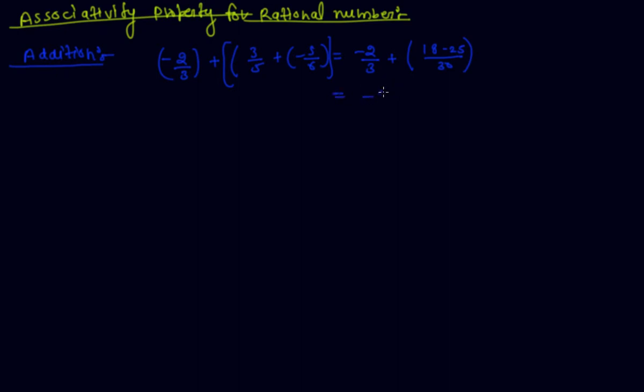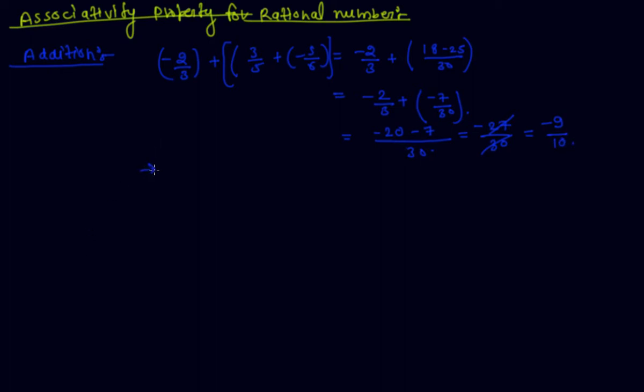Then I take minus 2 by 3 plus minus 7 by 30. I take 30 as the LCM: 3 tens are 30, then 10 multiplied by minus 2 is minus 20, minus 7. So I get minus 27 by 30, and if I convert it into simpler form, it is minus 9 by 10.